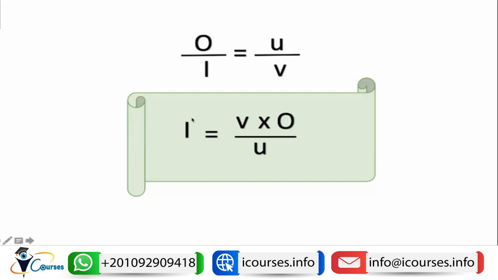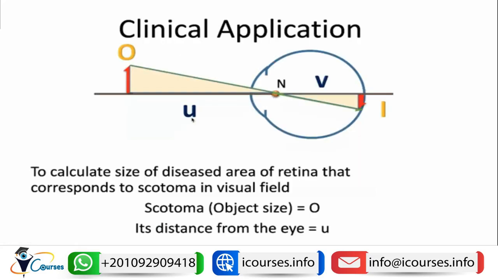The practical application of this is when we want to measure visual field defects. A visual field defect, or a scotoma, means that there is an area in the visual field that is blind, that we cannot see.